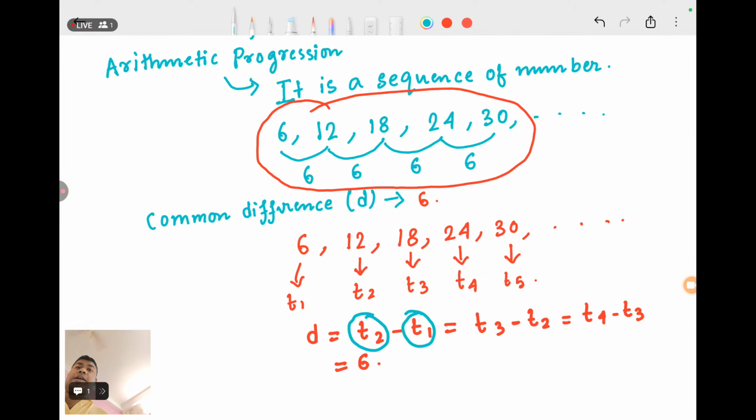Now I will show you some of the problems. Okay, now I will write a problem for you, mathematical problem, not real life problem.